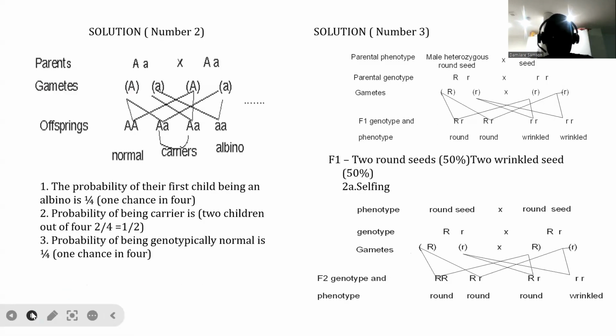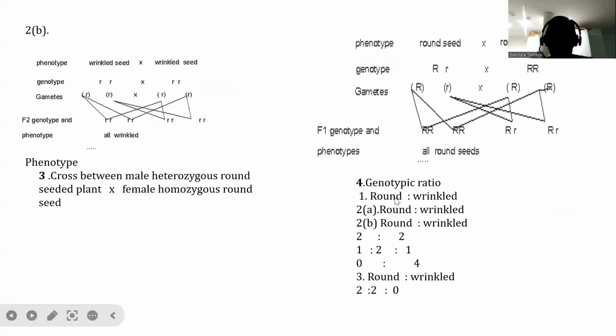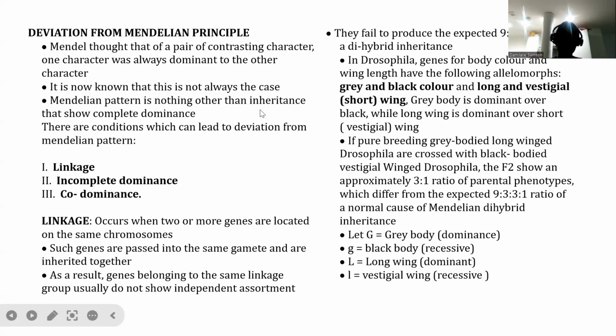All the crosses we did from here downward, we now give the genotypic ratio. You understand 2:2, 1:2, 2:1, 0:4. 0 means it's not there at all, and 4 means we have 4 of it. That is how we give the genotypic ratio of everything here.